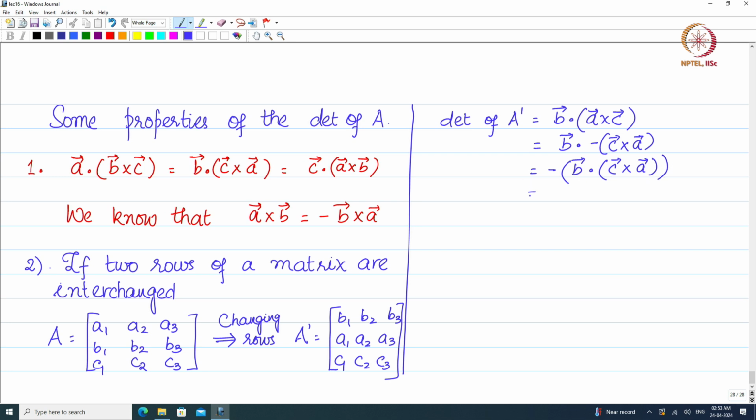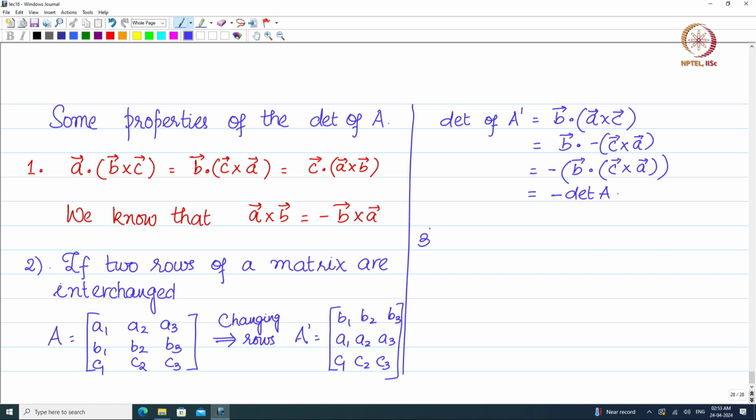That is basically the determinant of A. So, we are going to get this is equal to minus determinant of A. Is that okay? And similarly, we can actually look at the other one. You can change the other rows, and you can always check that when you change the rows, the determinant value is going to change sign. That is what we have. That is one property of the determinant we have, right? Okay. Let us look at some more properties.